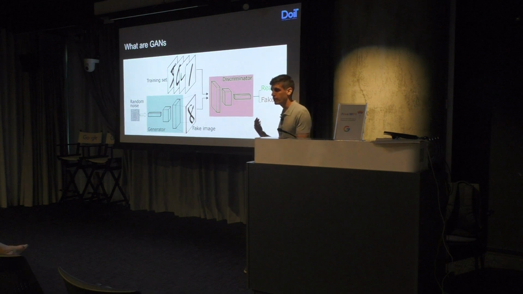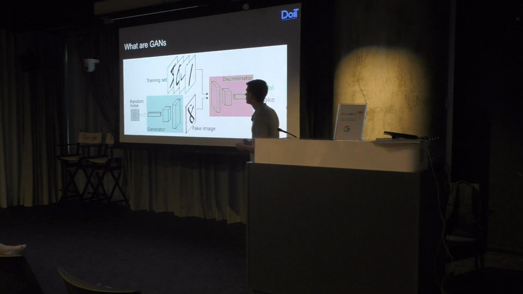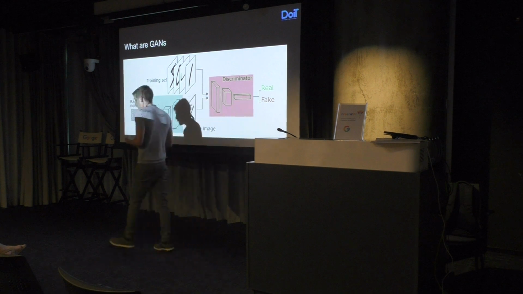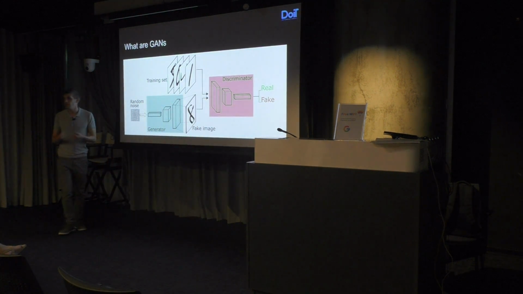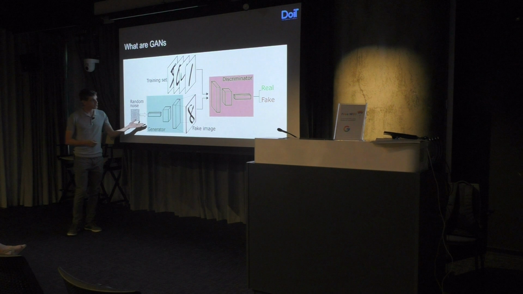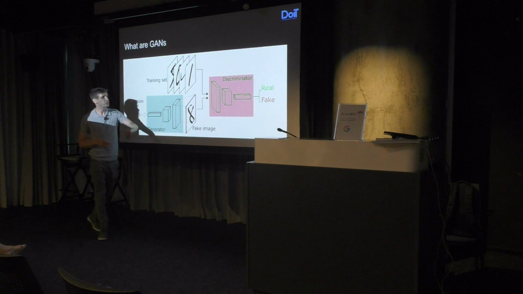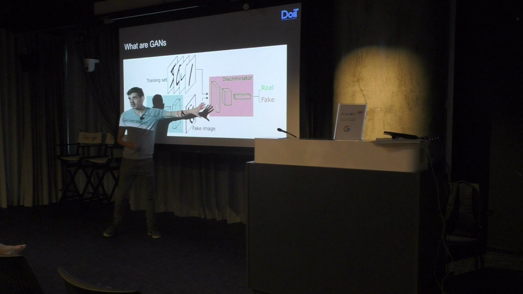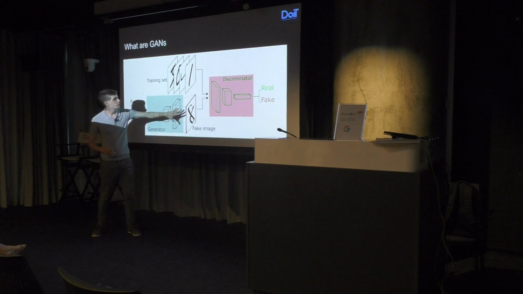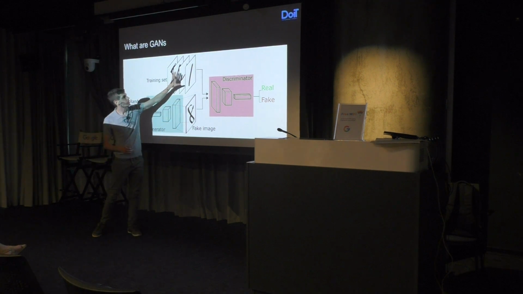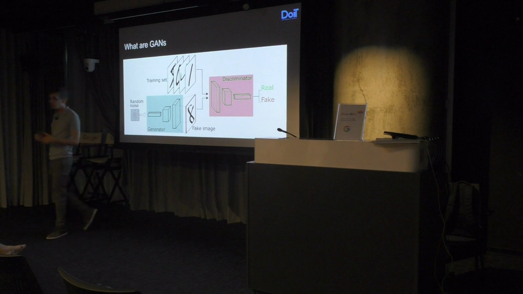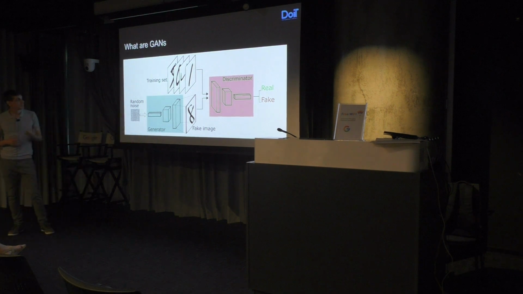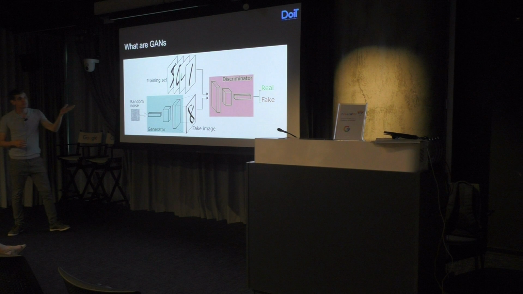And how do you train this kind of system? This is why it's called generative adversarial networks. Basically, these two networks compete against each other. Let's start with the second one. The discriminator, as I said, has to distinguish whether it's a fake image or a genuine image. Let's say I have a well-trained discriminator.